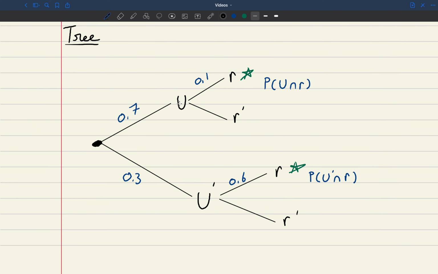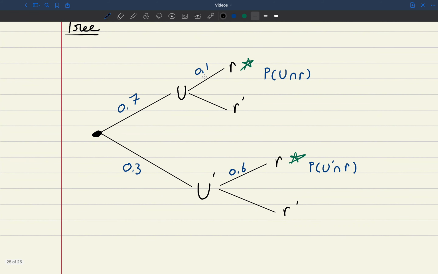If we have our umbrella, it's only a 10% chance that it will rain. If we do not have our umbrella, so I put umbrella complement, it's a 60% chance that it will rain. So given that we don't have our umbrella, it rains is 60%. We can tell by the tree.